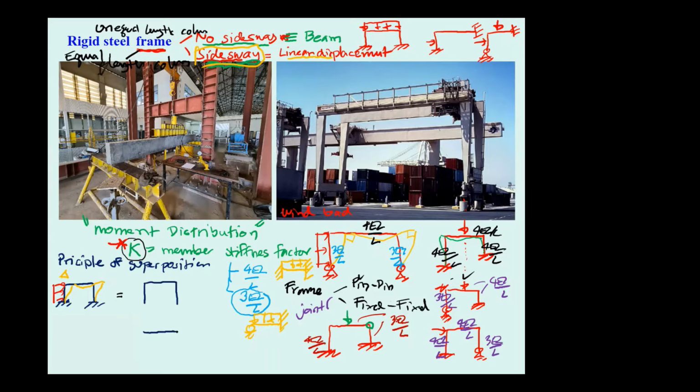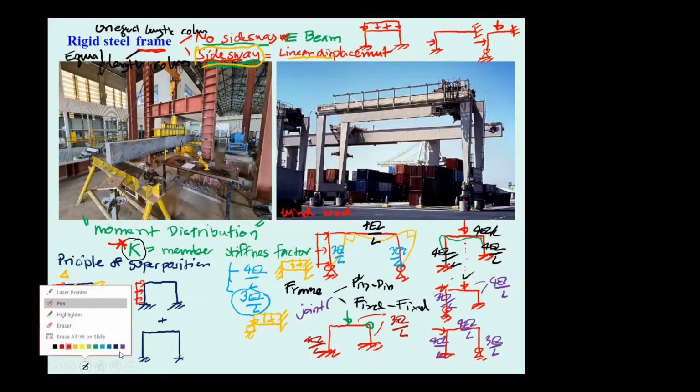One, we will not let it have the sidesway. Another one, we will let it have the sidesway. By doing this, we just separate this one into two frames. The first frame will be subjected to the given load. Okay, and then we are going to not let it sway.